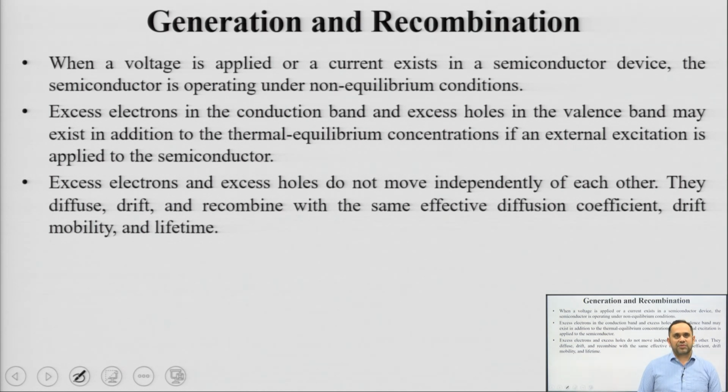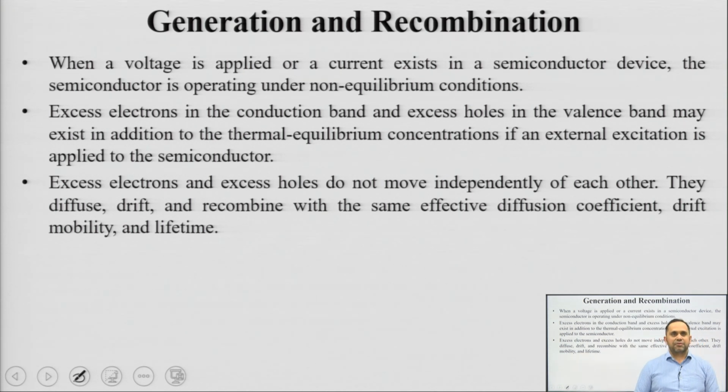This is the sort of equation where you can easily identify how many electrons are there in the conduction band per unit volume, and how many holes per unit volume are there in the valence band. But once a device is under operation, under practical use, it is difficult to say that it will be in the state of equilibrium.